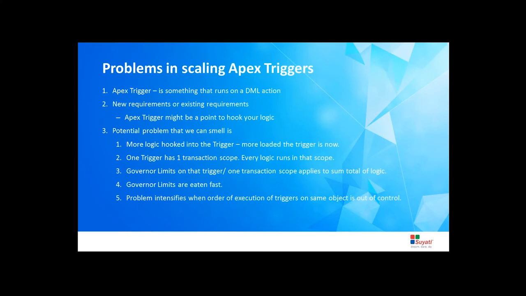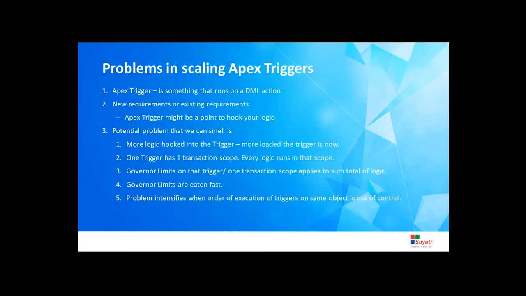So, problems in scaling Apex triggers. I hope most of you would know what a trigger is. This trigger terminology comes from the database world. An Apex trigger is something that runs on a DML action. Like when you insert a record, update a record, or delete a record in Salesforce, usually an Apex trigger is what gets invoked.